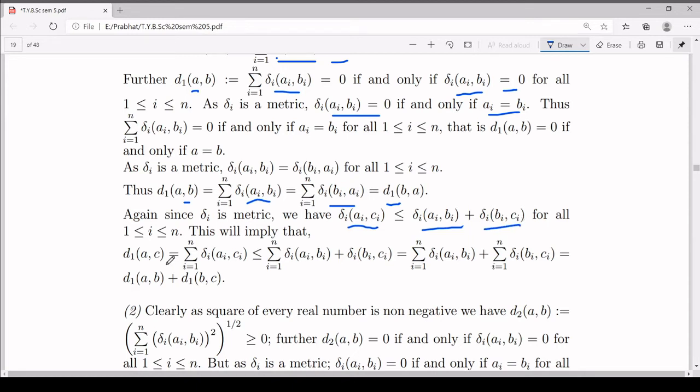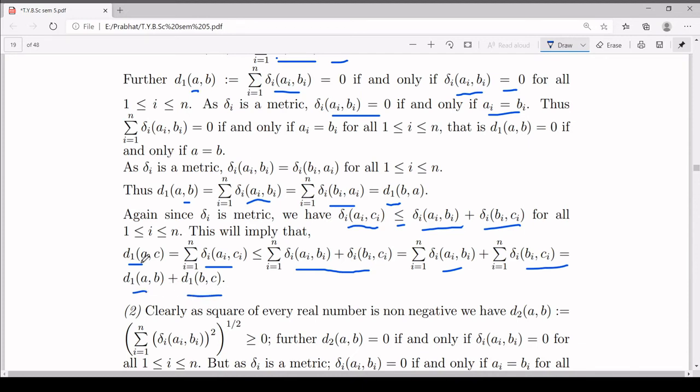Now consider your D1 of AC. D1 of AC is summation of delta I AICI. Now using this fact, you can say summation delta I AICI is less than or equal to summation delta I AIBI plus delta I BICI, which is equal to summation of delta I AIBI plus summation of delta I BICI, which is equal to D1 of AB plus D1 of BC.